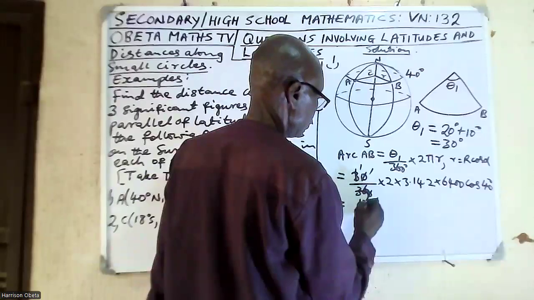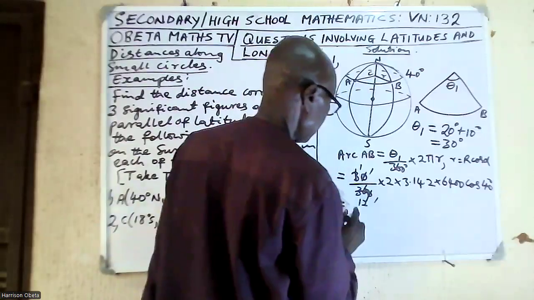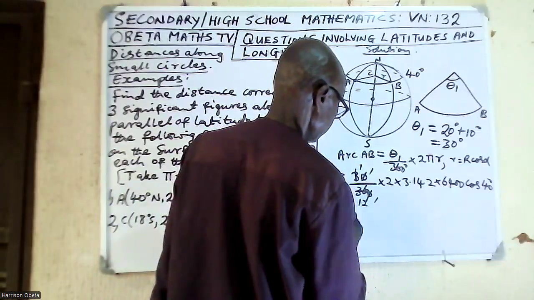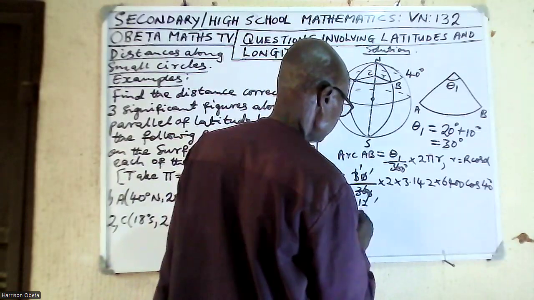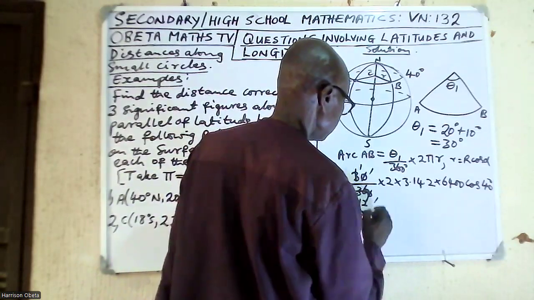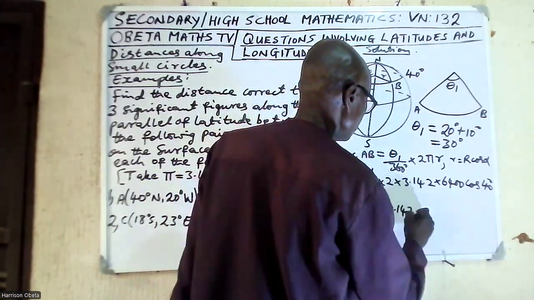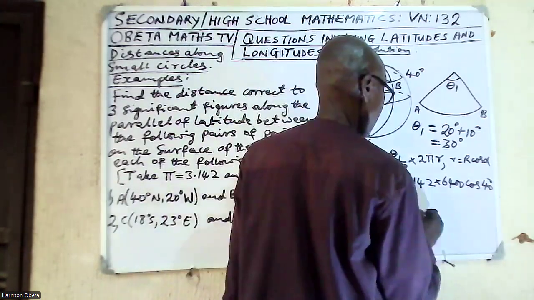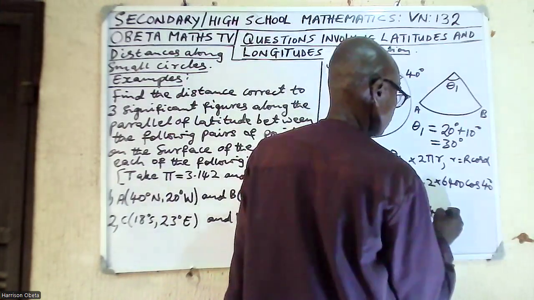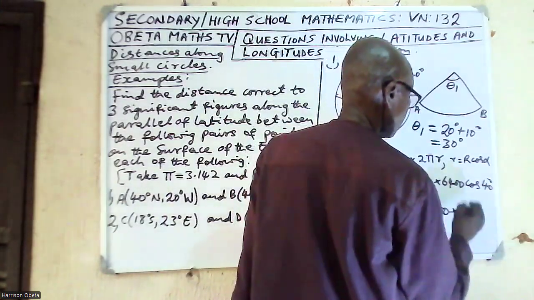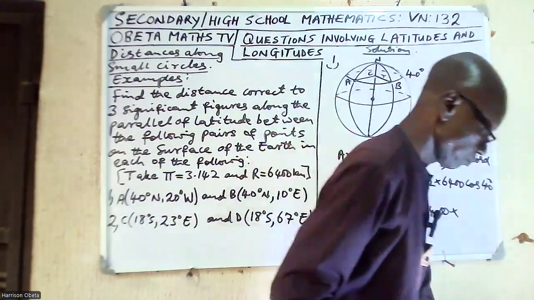This is 12. So we can have it as 1/12 times 3.142 multiplied by 6400 multiplied by cos 40.